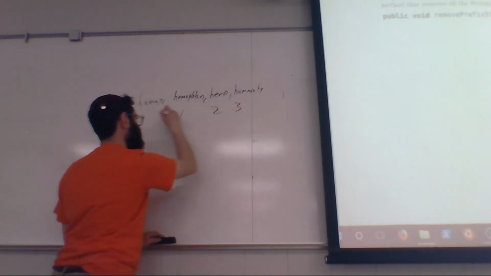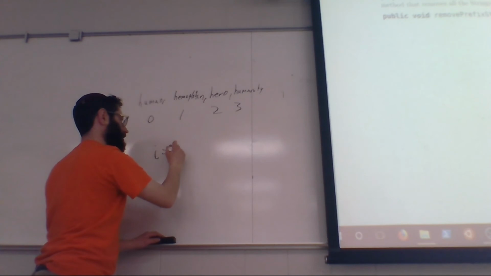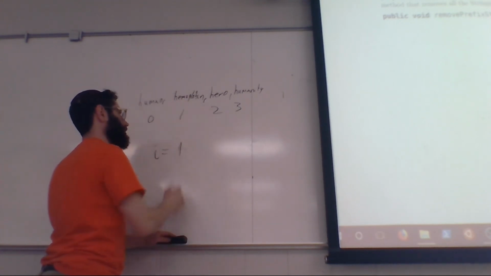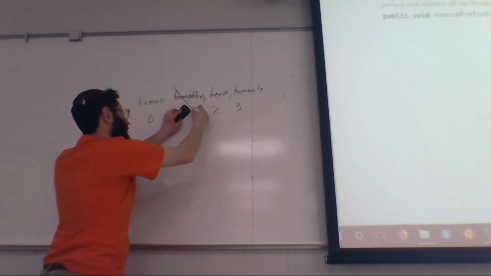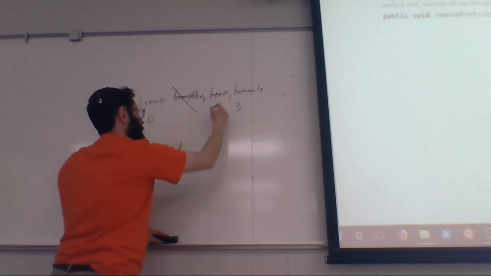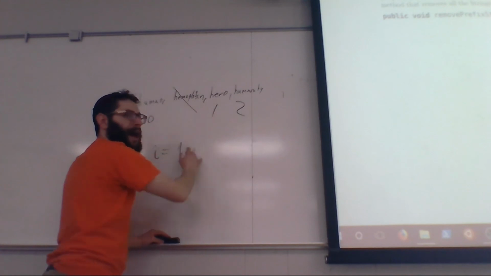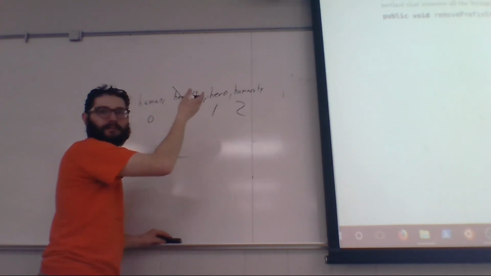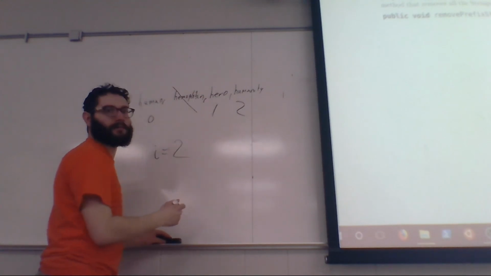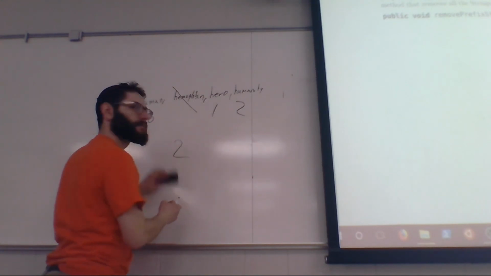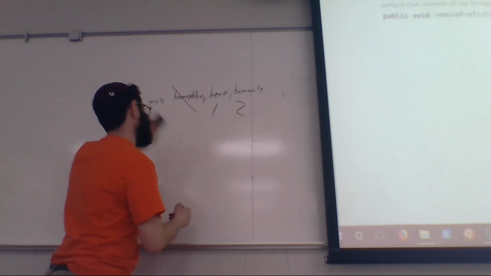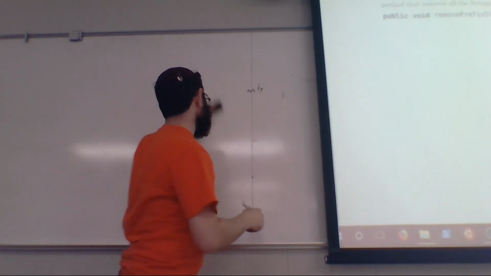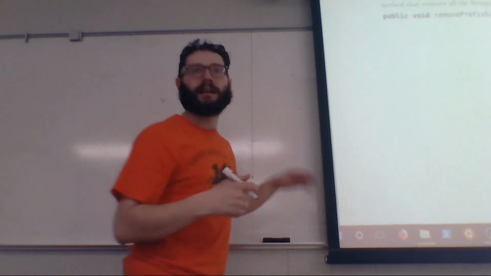If I've got a counter, I is equal to 0, then I is equal to 1. Index 1 has hemoglobin, I remove it, but now hero becomes index 1 and humanity index 2. I've done what I said to do. I do I++, I'm at index 2 now, and I skip over hero, right? Heroes always have that kind of luck not to get killed. So we've got to be aware of that.